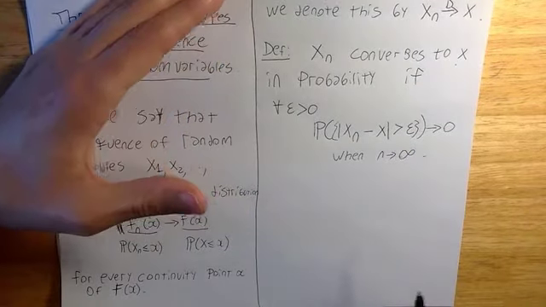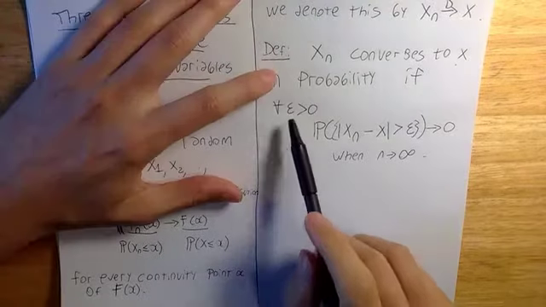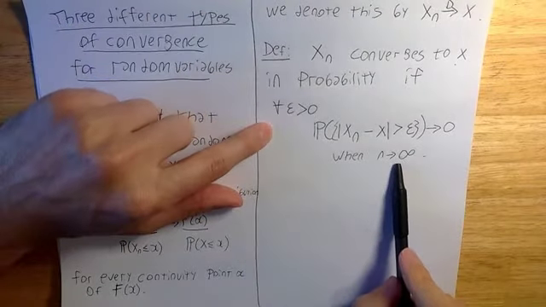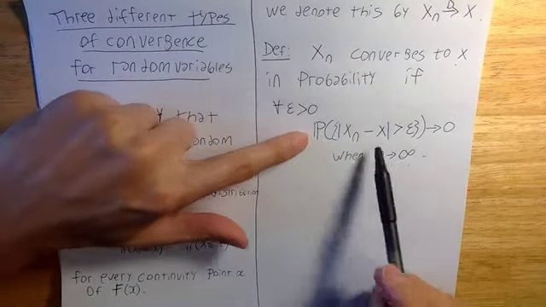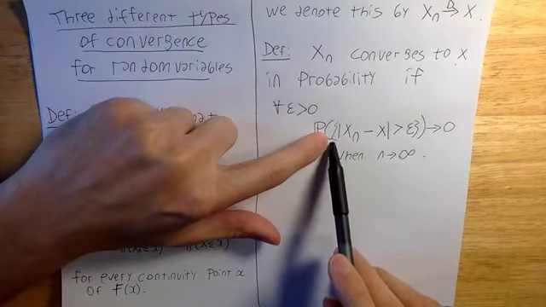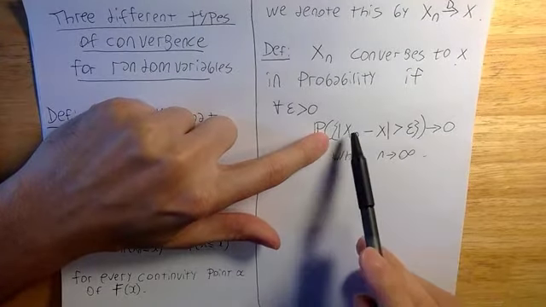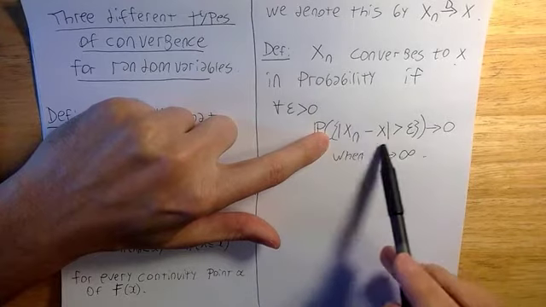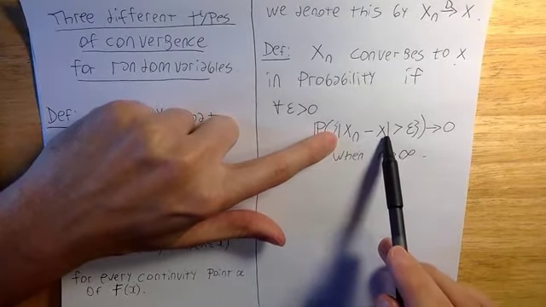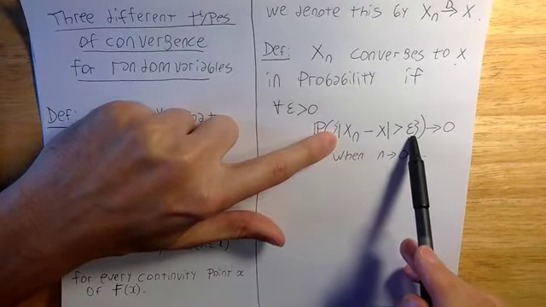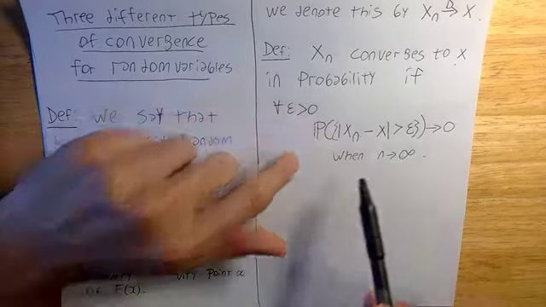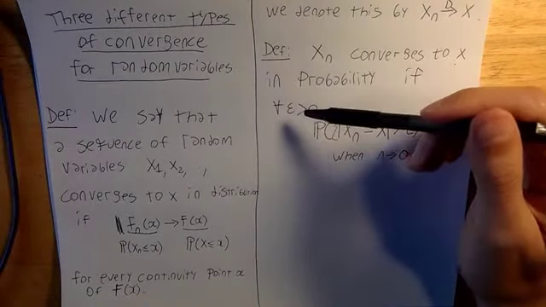So for every epsilon positive, the probability that xn differs from x by more than a positive constant epsilon goes to 0, no matter how small it is.